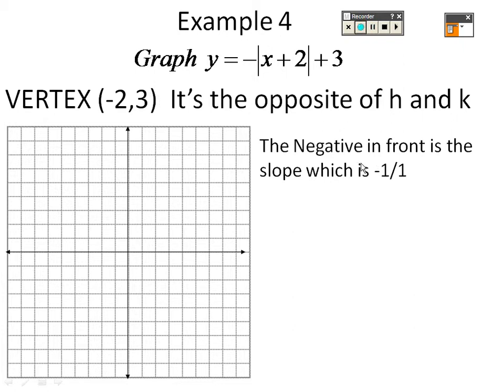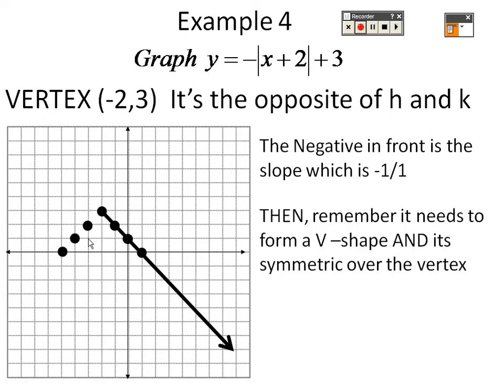The negative out in front is the slope. So that means it's going down 1, right 1. So I find my vertex, which is -2, 3. So I plot the point. That means this goes down 1, right 1, down 1, right 1, down 1, right 1. Because it's an absolute value, it's going to be a v. So that means it goes down 1, left 1, down 1, left 1, down 1, left 1.